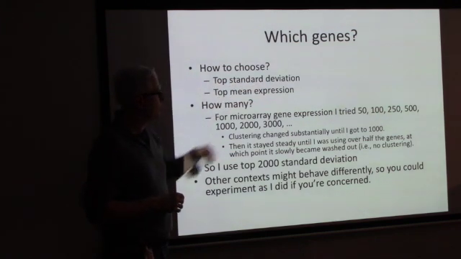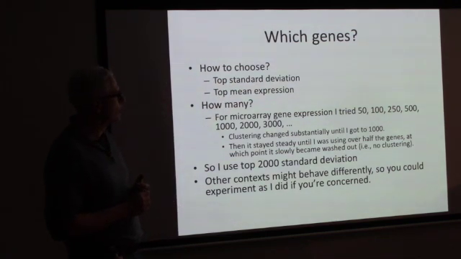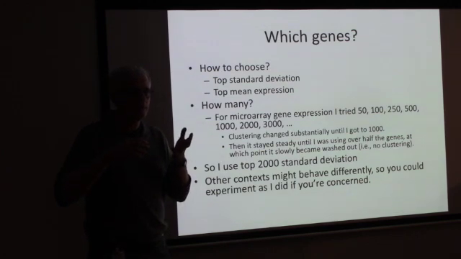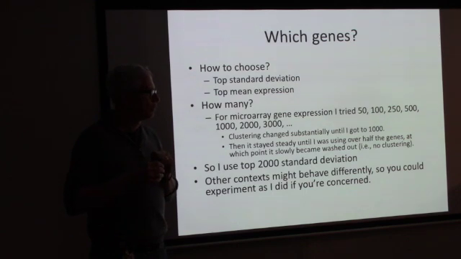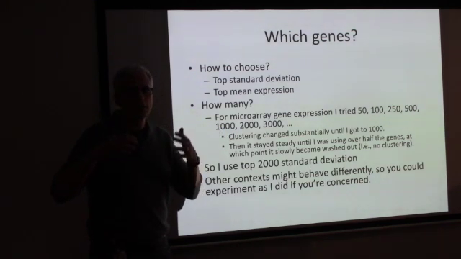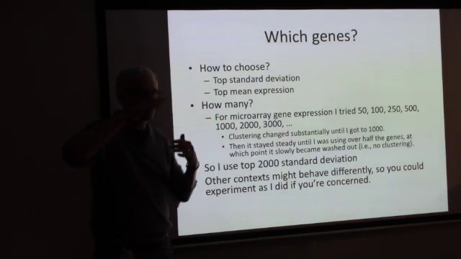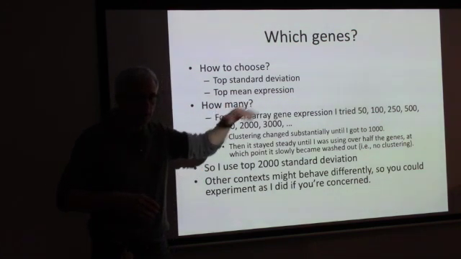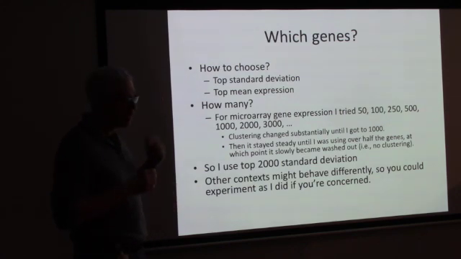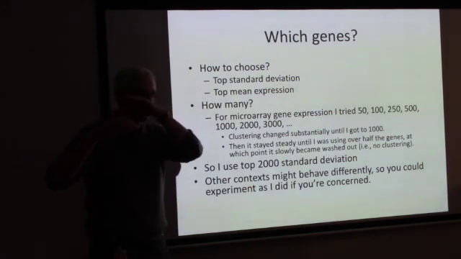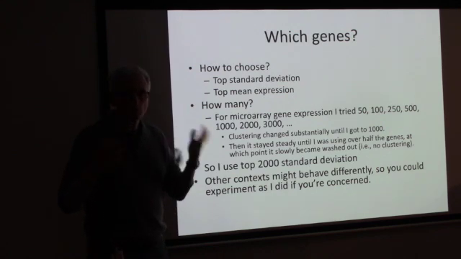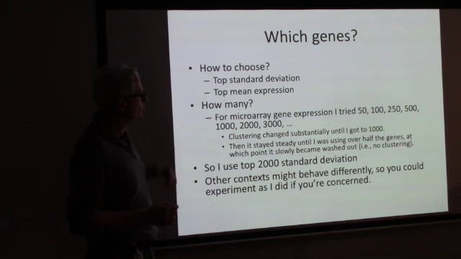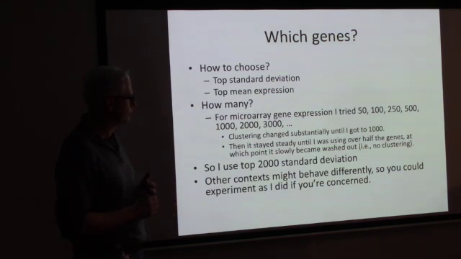I tend to use standard deviation because it takes into account the level of expression. Usually a gene that has higher expression is also going to have higher standard deviation, higher variability. But if you have a highly expressed gene which has no variability, it's probably not very interesting. So that's why I prefer this to that. But I suppose you could use either one.